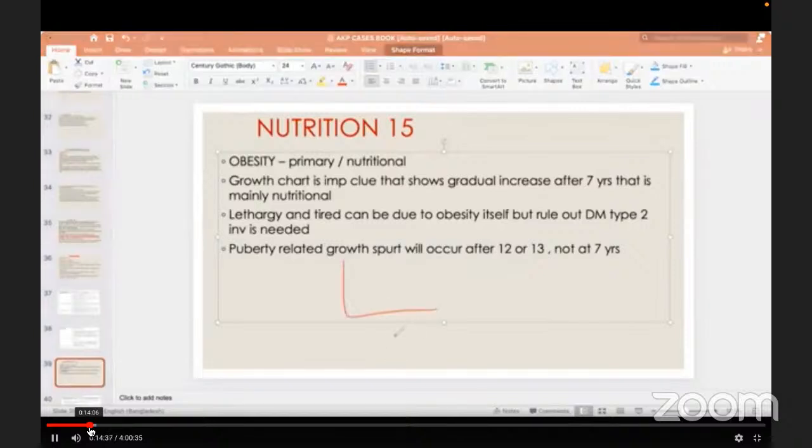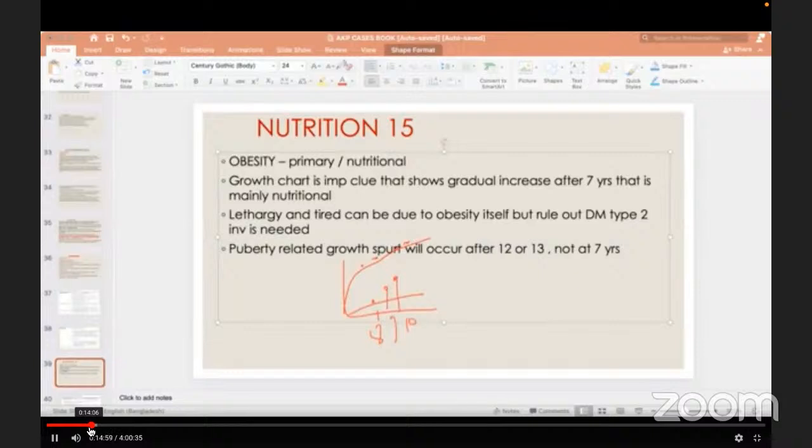This is the upper one and this is the lower one. Here in the lower one, from 8 years, you see the child is gaining so much weight, but the height was not so much. So this growth from 8, 9, 10 years is not normal.